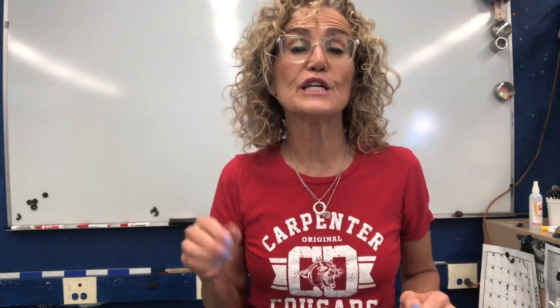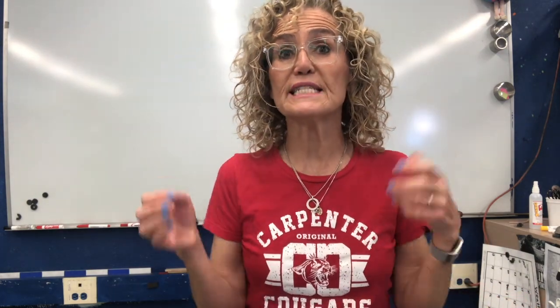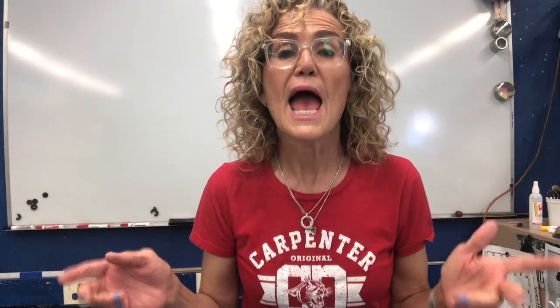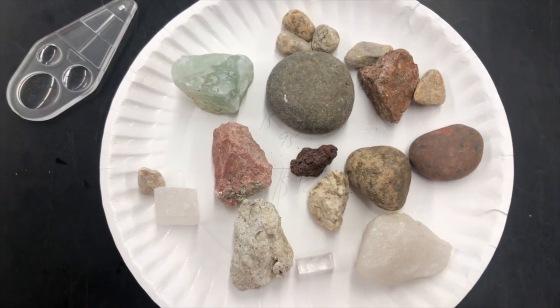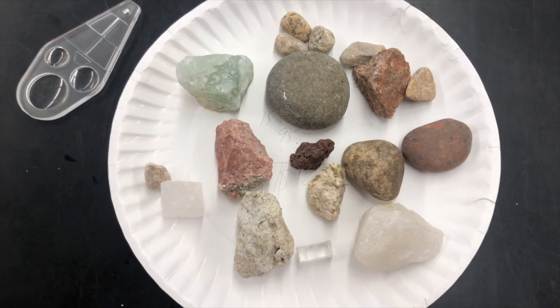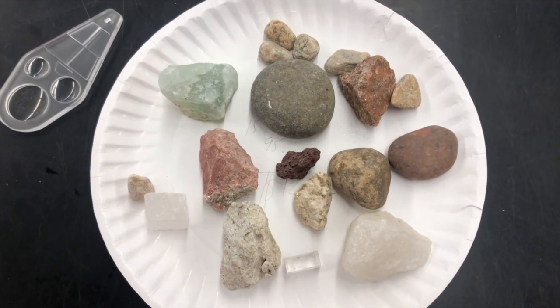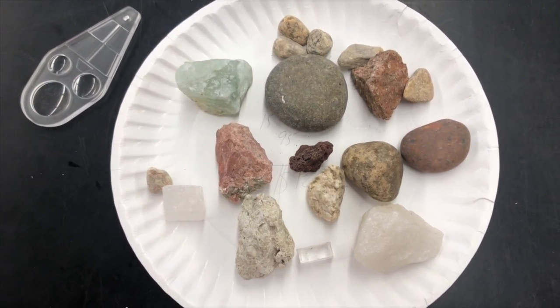We're going to look at the colors. We're going to look at the shape. We're going to look at the textures. It's smooth or rough or bumpy. And we're going to compare these rocks. So let's get started. Here are some of the rocks that I got from underneath the tree in the playground.